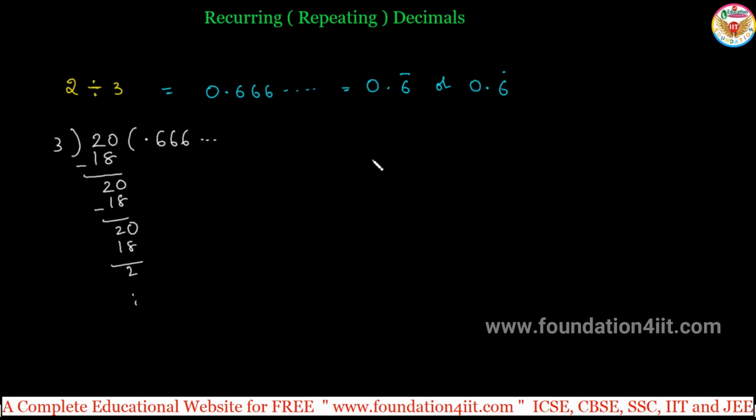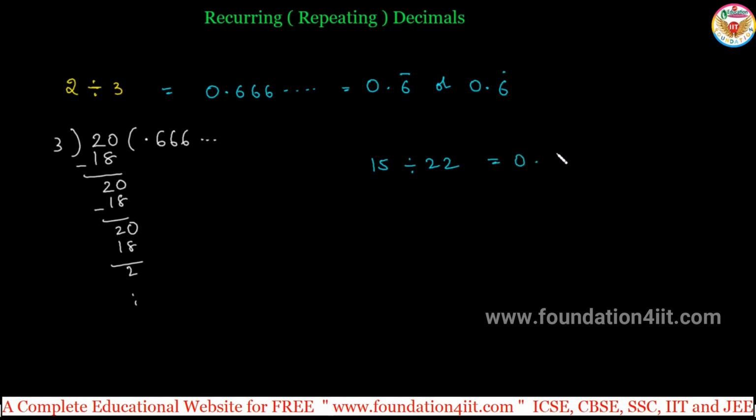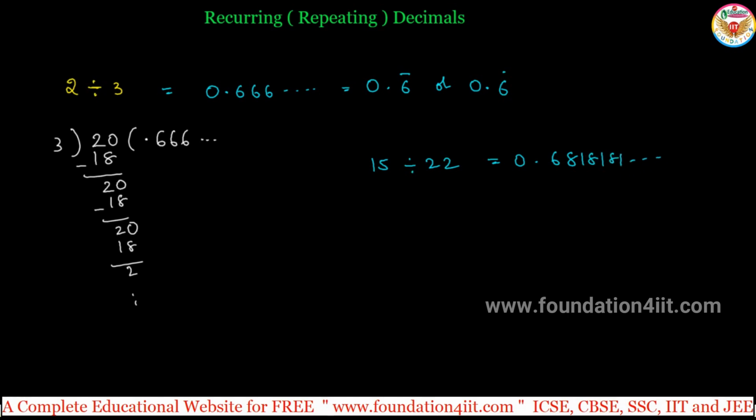Let's take one example, 15 divided by 22. If you do this calculation, you'll get 0.68181 and so on. This 81 will be repeated. Two digits are repeating in this.